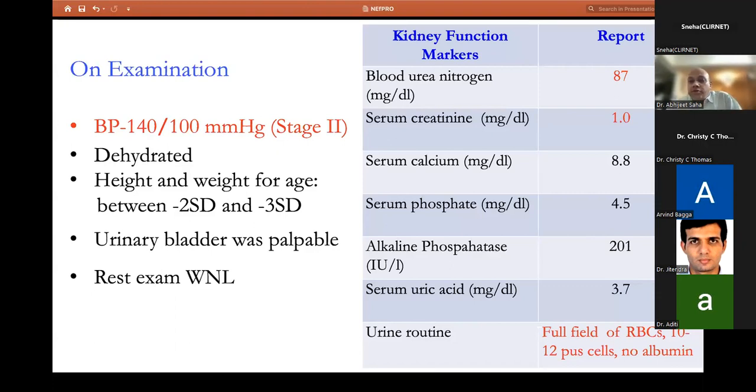Alkaline phosphatase was 201, serum uric acid was normal. But his routine urine showed it was full of RBCs, and it showed 10 to 12 pus cells, WBCs. There was no albumin, so the proteinuria was negative.